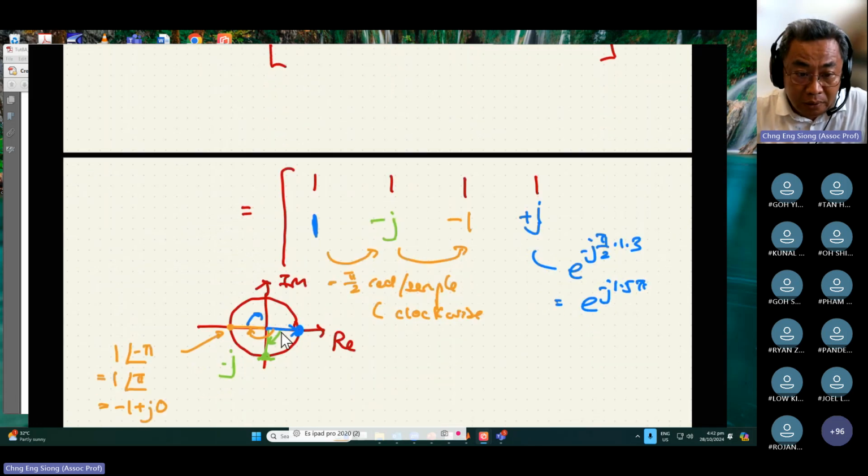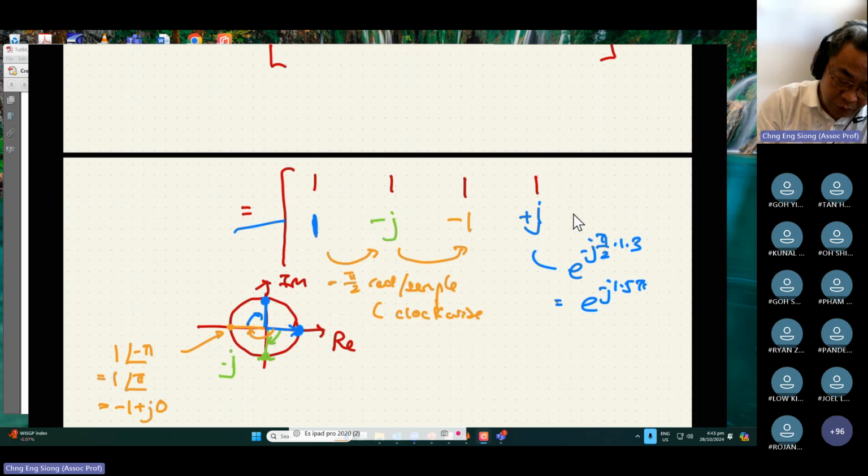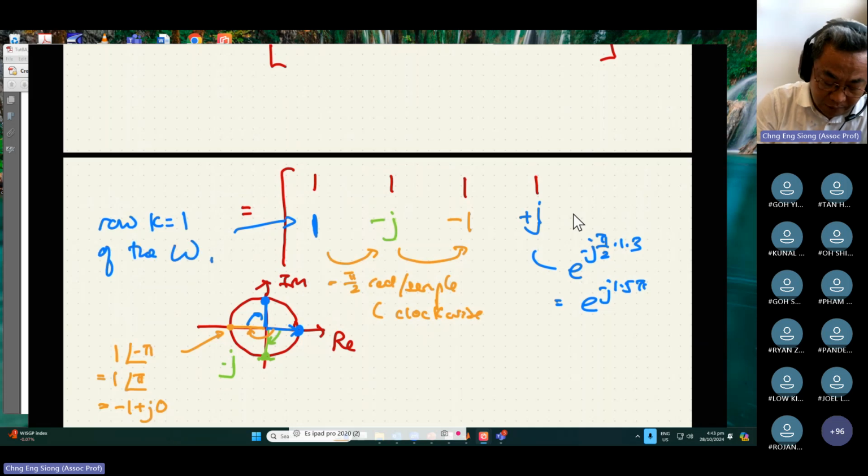Yeah, we are rotating 1.5 pi to reach here, and we have reached the next blue guy. So now we can see the 4 numbers: 1, minus j, minus 1, plus j as this row. So this is the row k equals 1 of the W matrix. And the W matrix is the DFT matrix.